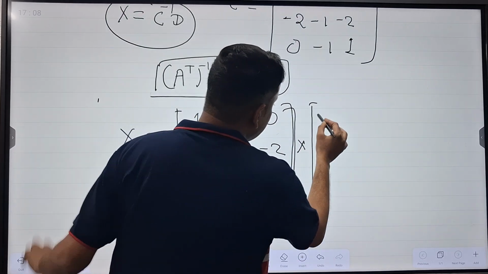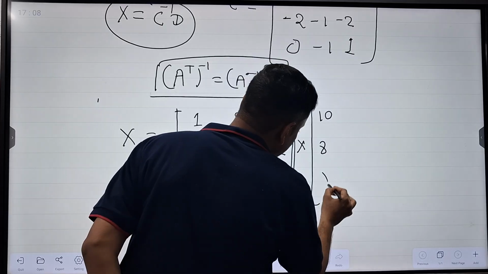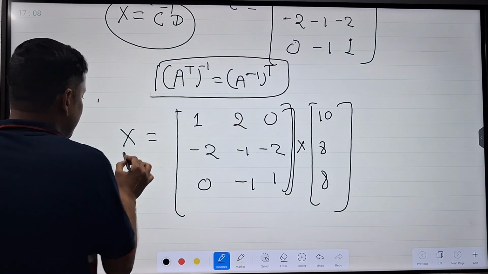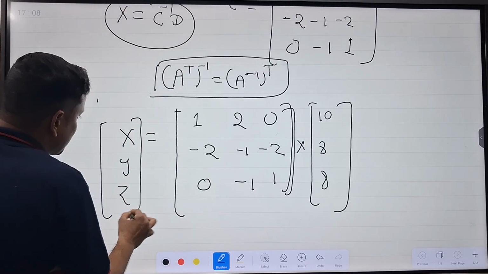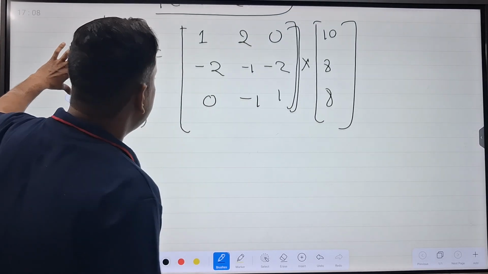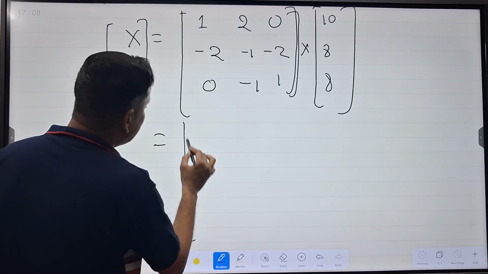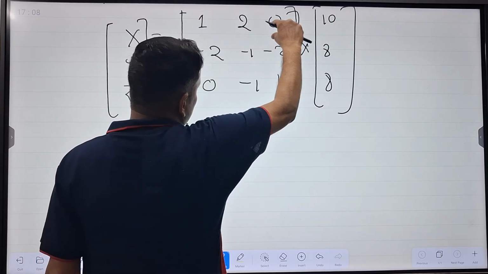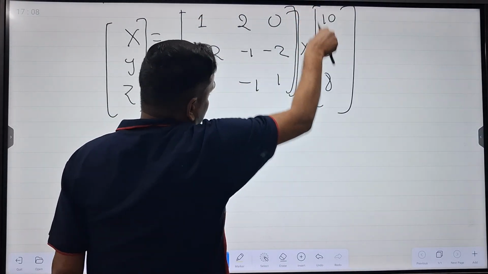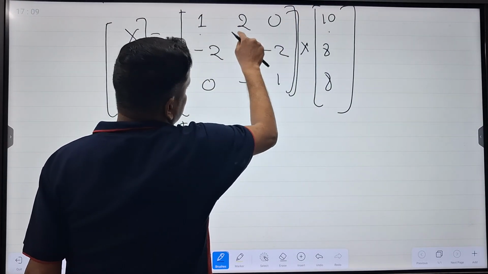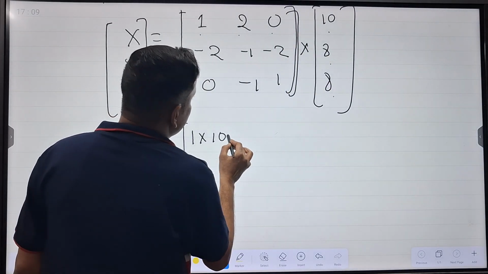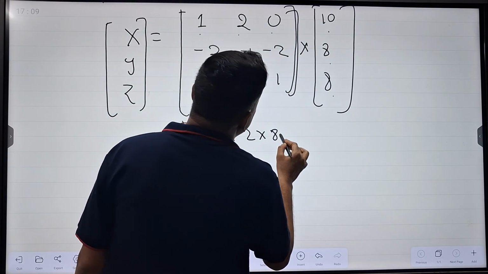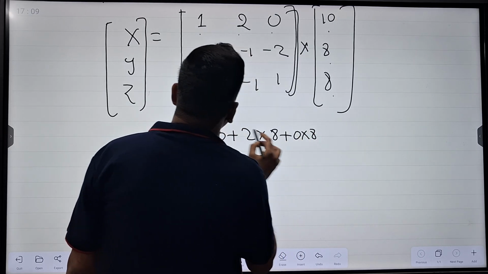And here will be x, y and z. So I have to find the x, y and z values. So this is a multiplication. How will you multiply? These row and this column. 1 into 10 plus 2 into 8 plus 0 into 8.